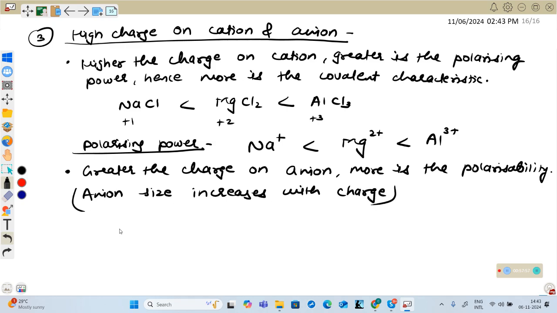If I have to compare, fluoride is of lesser size than oxide, then nitride. So lithium fluoride is more covalent. Lithium fluoride, lithium oxide and lithium nitride. What will be the order?